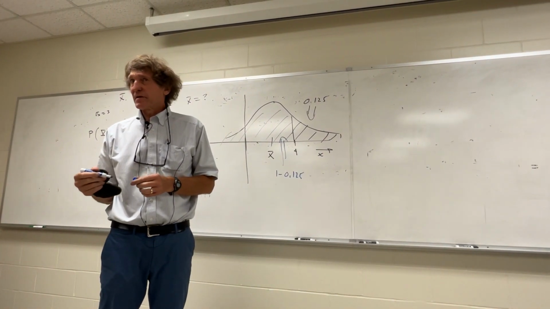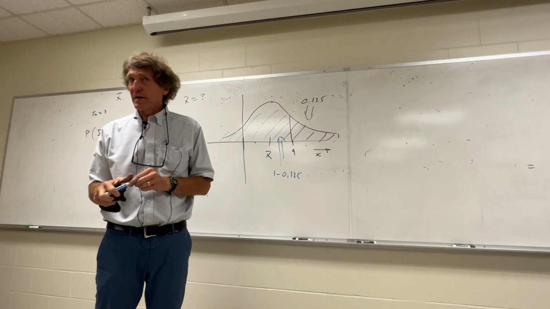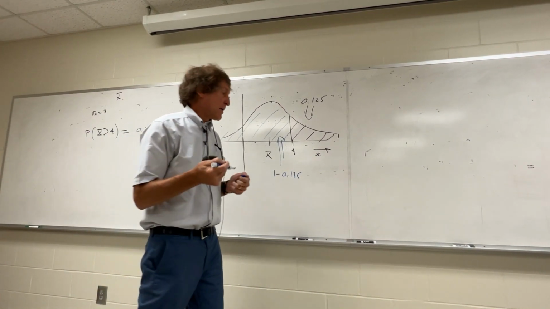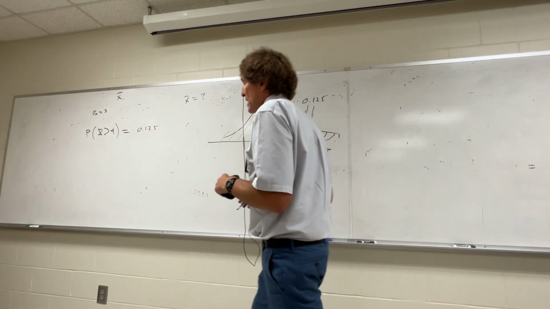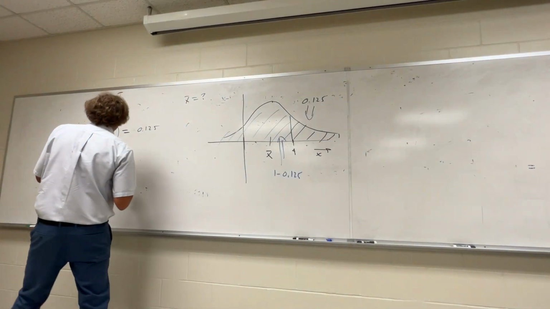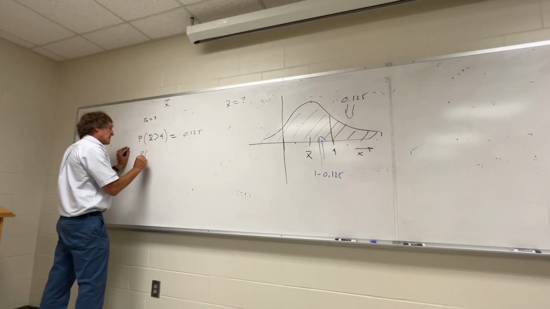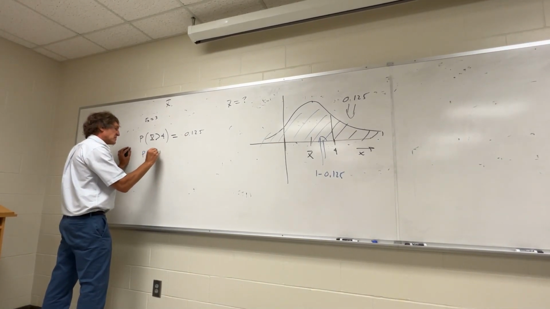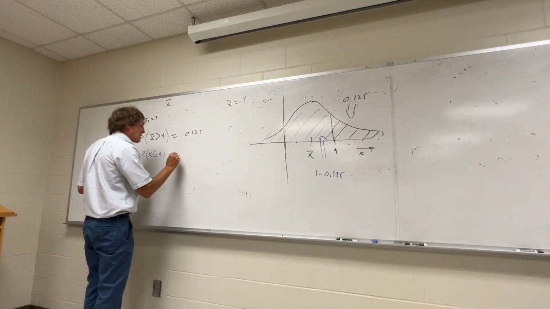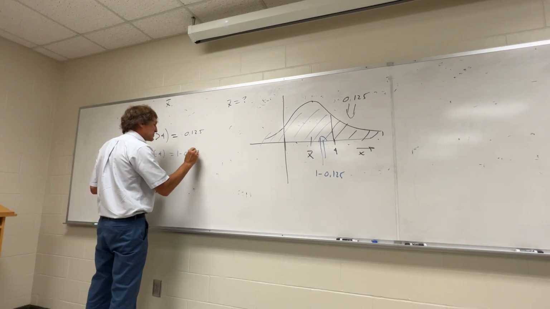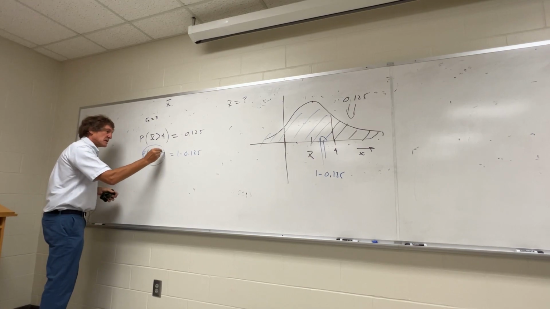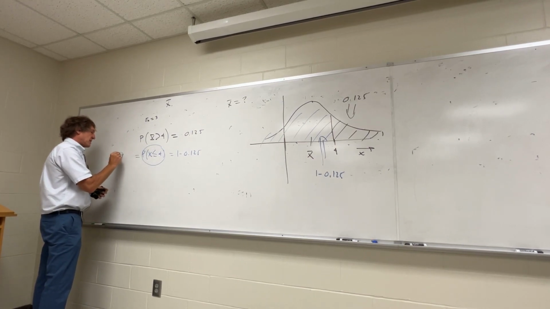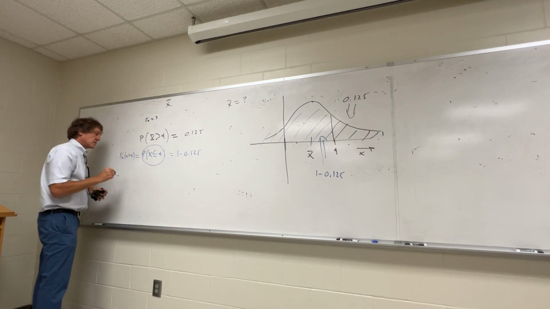Agree, class? Just leave it like that for now. Now the probability of x being less than or equal to 4 is 1 minus 0.125, and this is F of x equals 4. You all follow me?